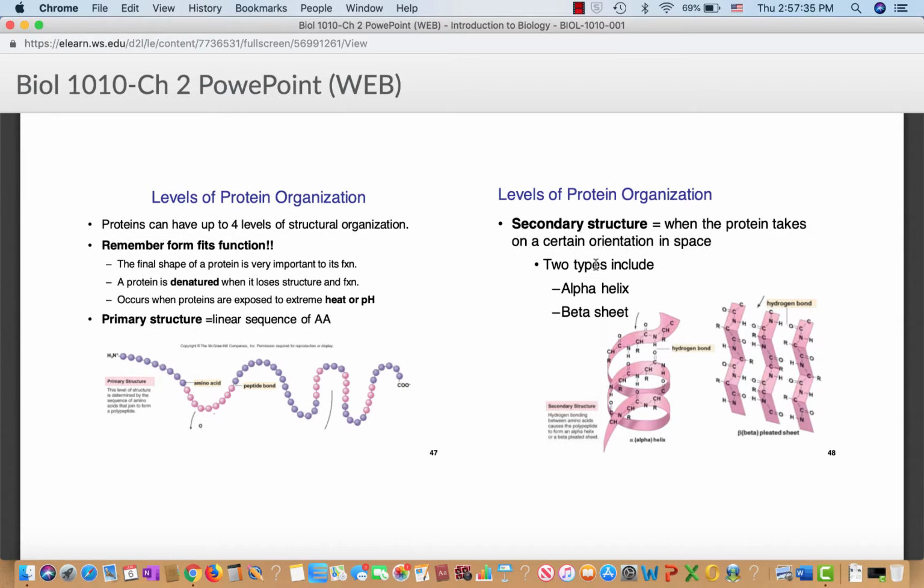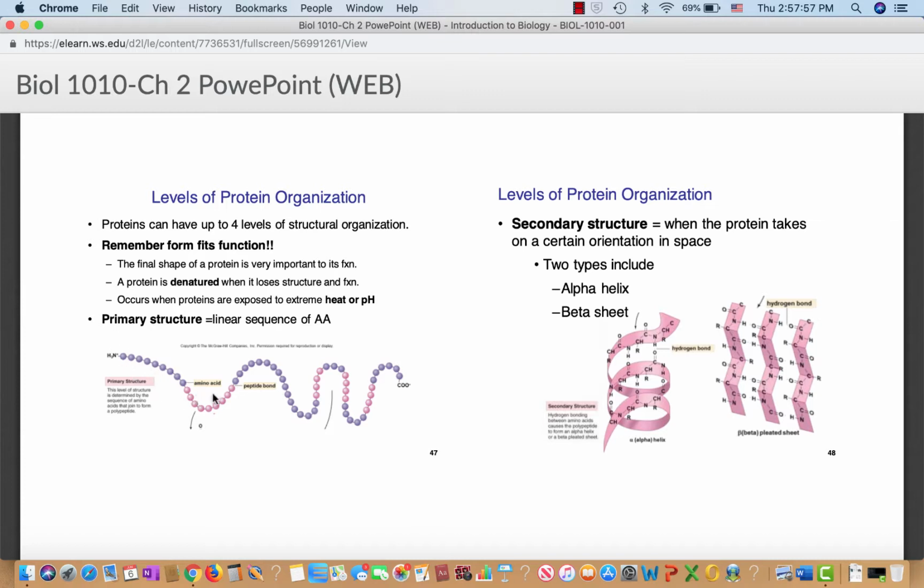Proteins can have up to 4 levels of structural organization. And remember, form fits function. So the form that something takes defines what it does. The primary structure here is the linear sequence of amino acids. Thymine, lysine, whatever.